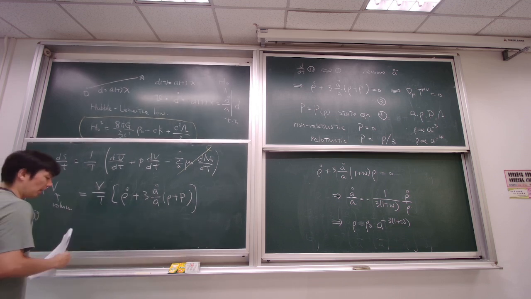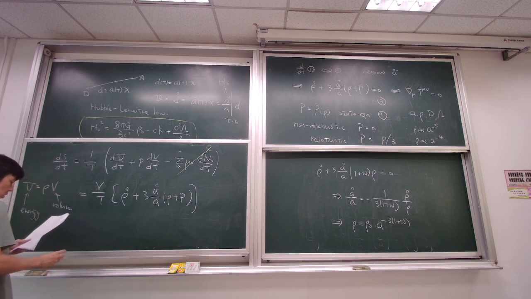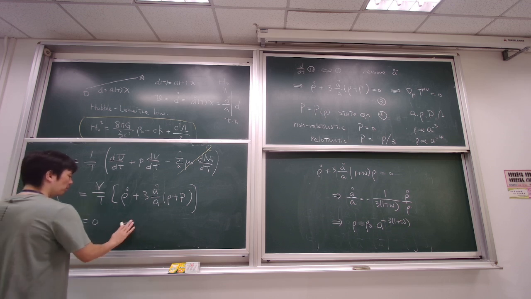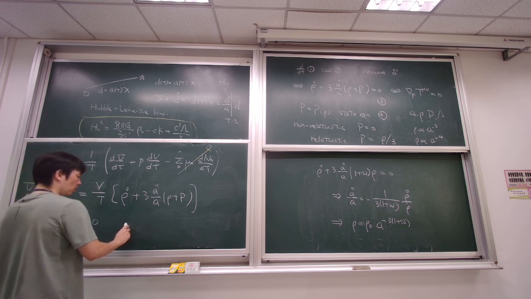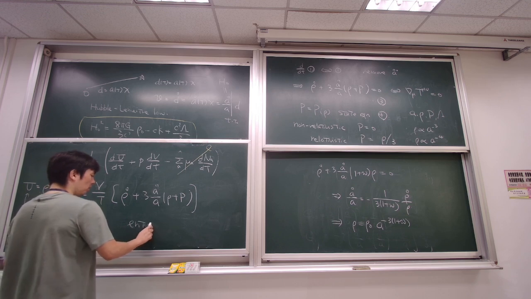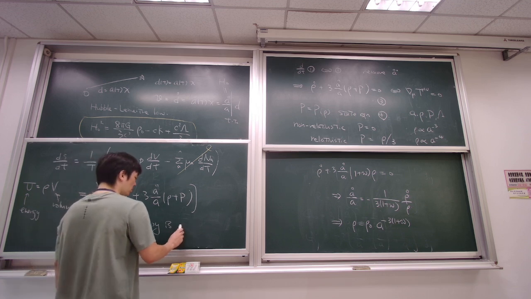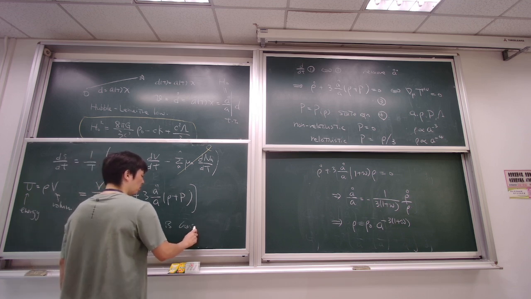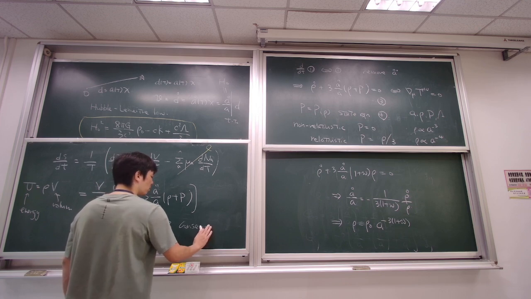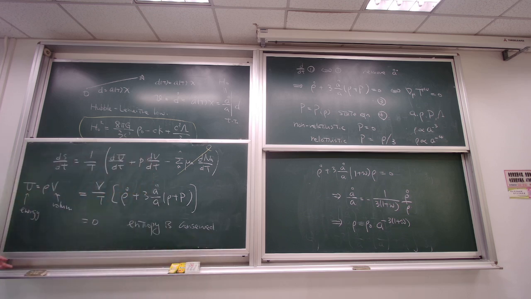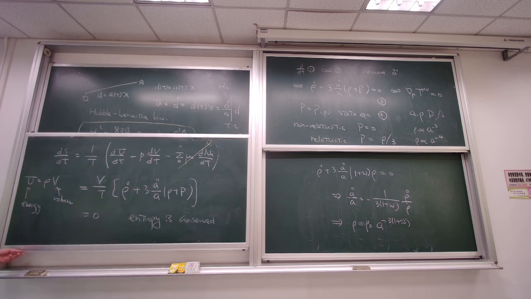And this is equal to 0. Therefore, entropy in the universe is conserved. It is a conserved quantity.